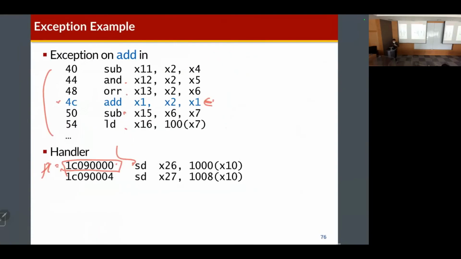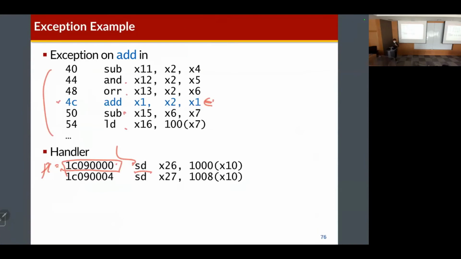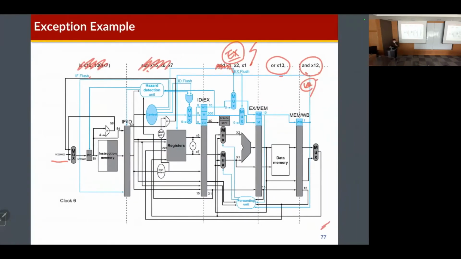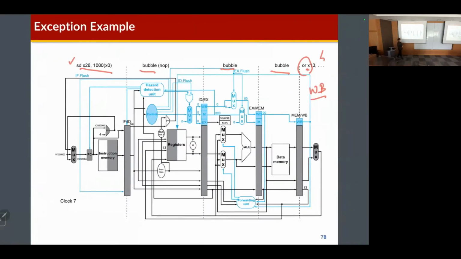You can find that the first instruction of the exception handler code is the store instruction, which means that the PC is changed to the first line of the exception handler, and then the store instruction is fetched. Okay, that's how an exception is handled by a processor.